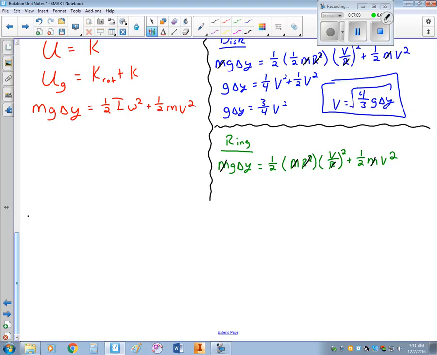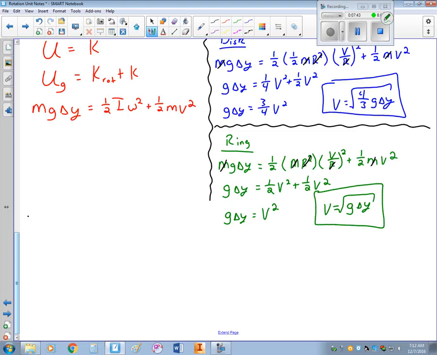The r squareds cancel. One half plus one half is just 1. So it's just going to be g delta y.